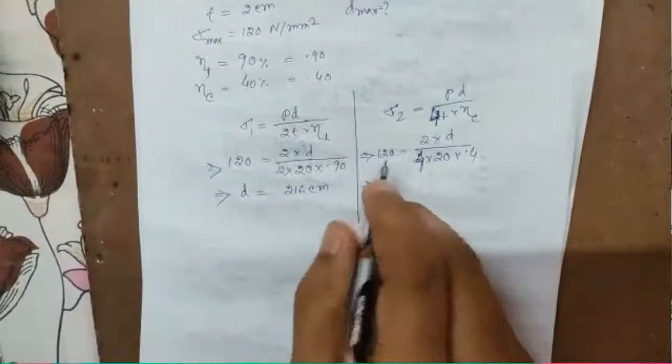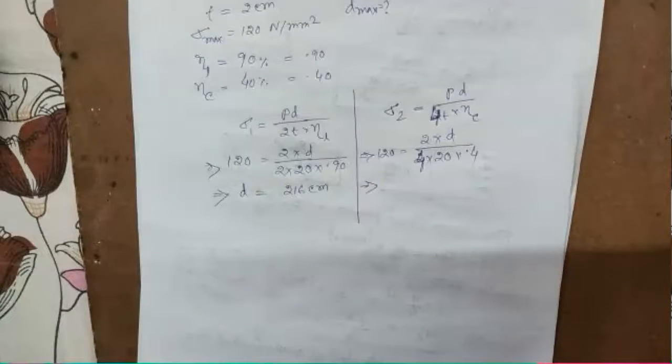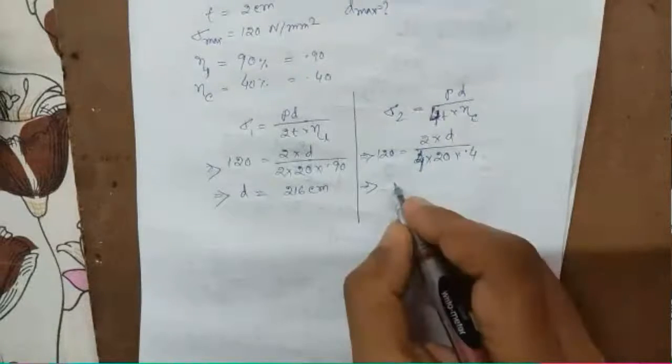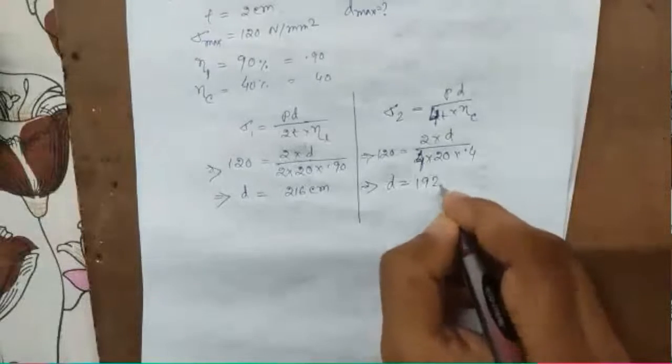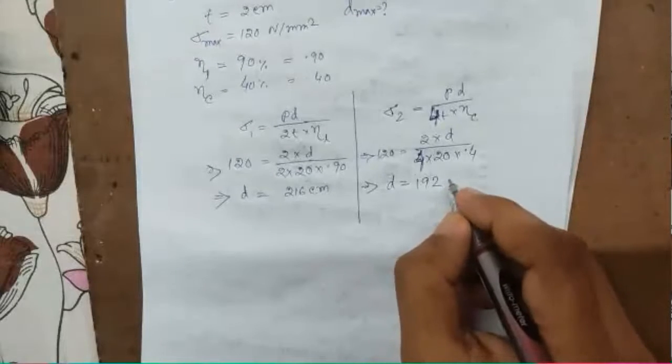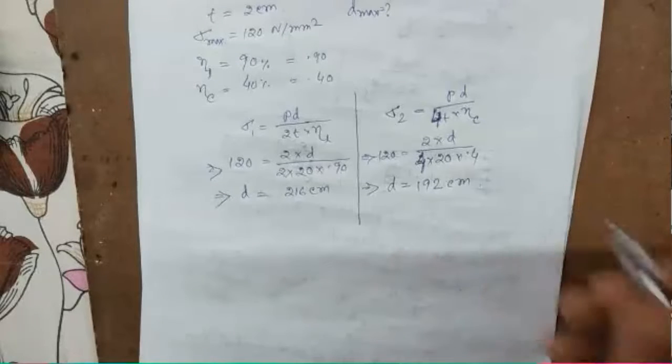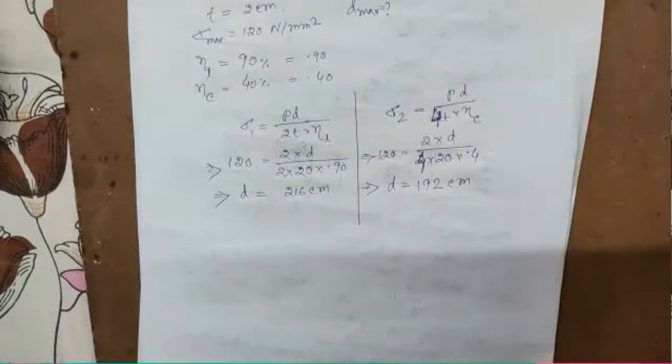Now putting this value, we will find out, need to calculate. D will become 192 centimeter. Okay, so it becomes 192 centimeter.